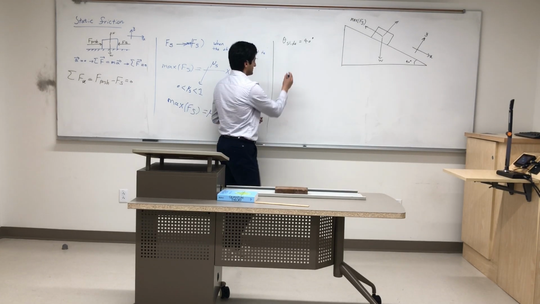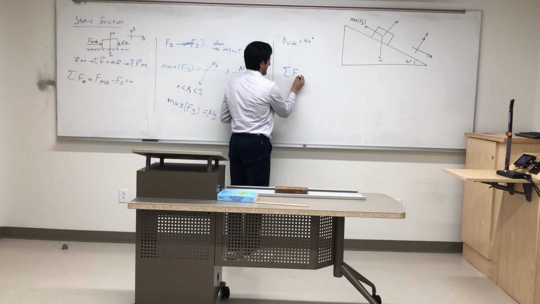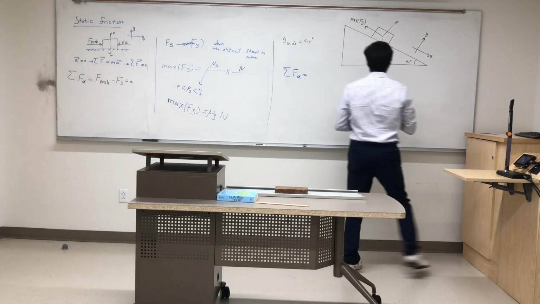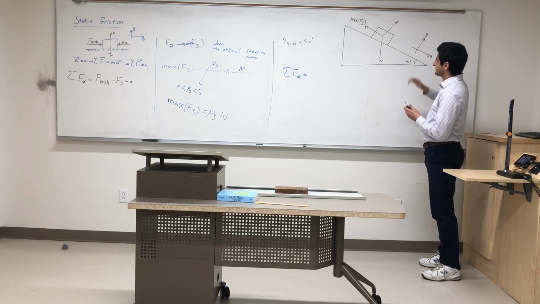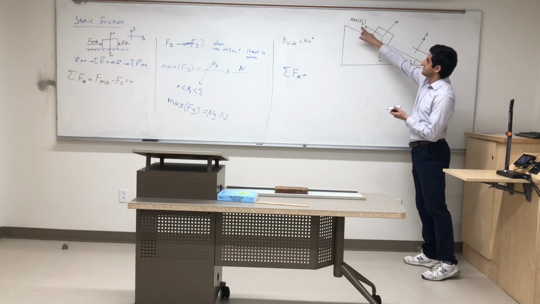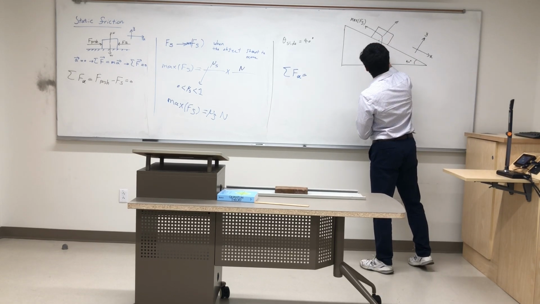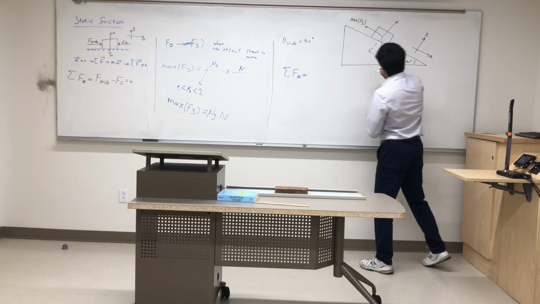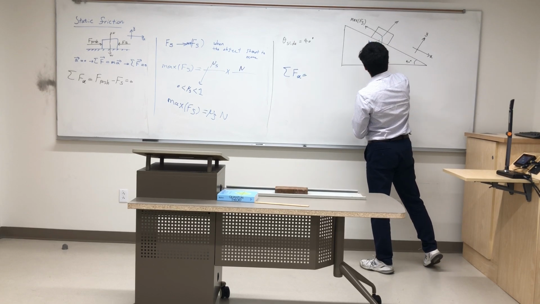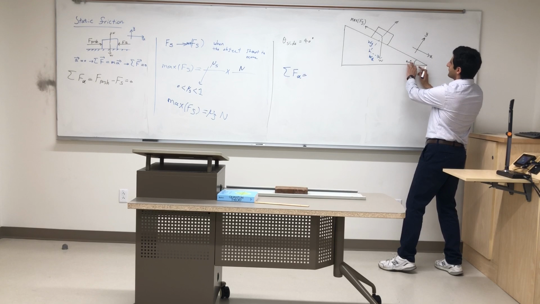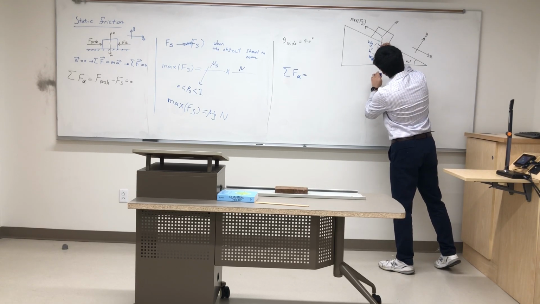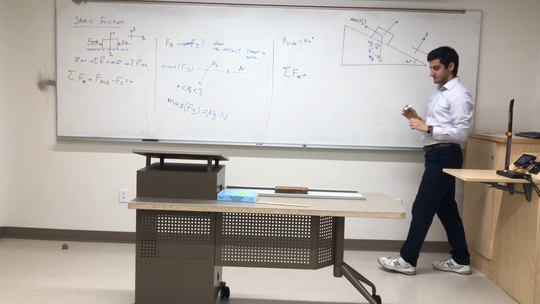Let's write down force along the x-axis. For the x direction, I have this maximum static friction and the x component of weight. So weight can be decomposed into two components along the y-axis and the x-axis. And if this is 40 degrees, this angle is 40 degrees too, okay?